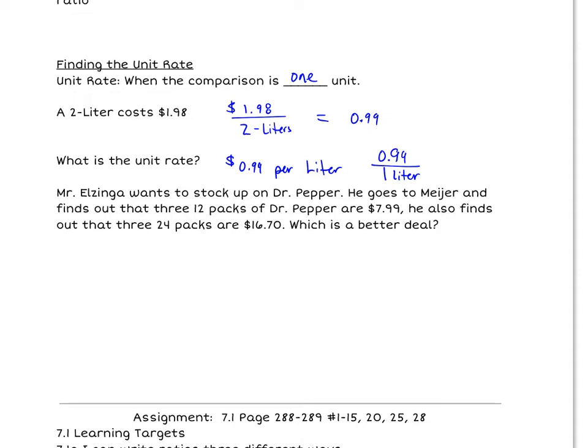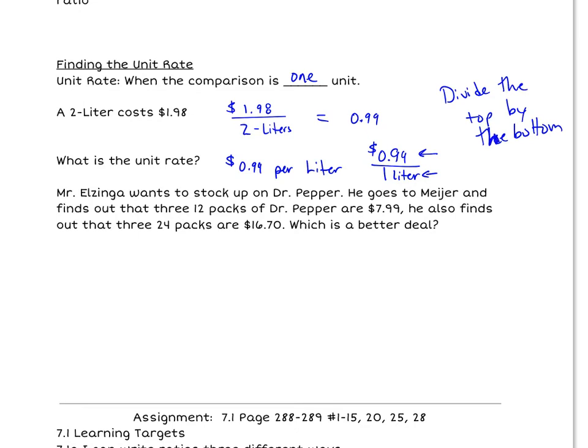So always your bottom number is going to be 1. And every time you do this, you are just going to divide the top by the bottom. And it's always going to be the same units on top, in this case dollars, to one of the things on the bottom. So top divided by the bottom.